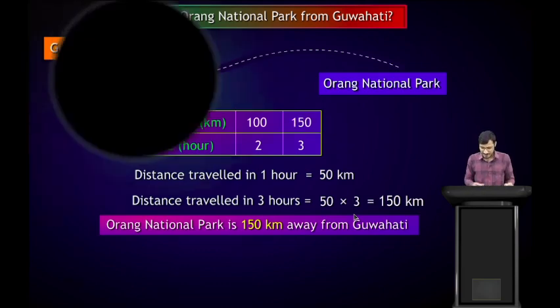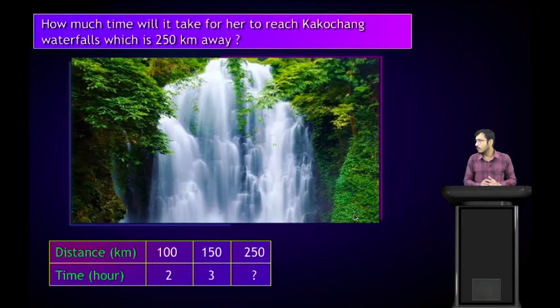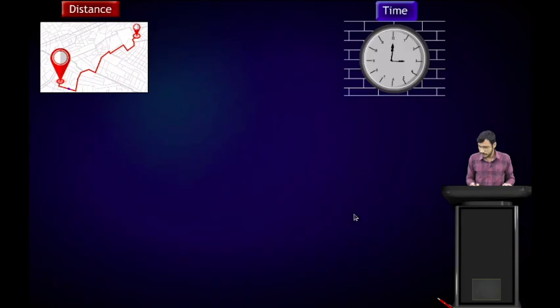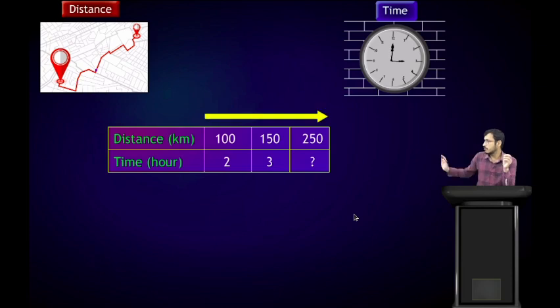Now let's see one more example. How much time will it take for her to reach Kakuchang waterfalls, which is 250 km away? Here we have distance and time. Distance is 100 km, 150 km and 250 km, with time 2 hours, 3 hours and so on. You can see the distance increases, so time also increases.